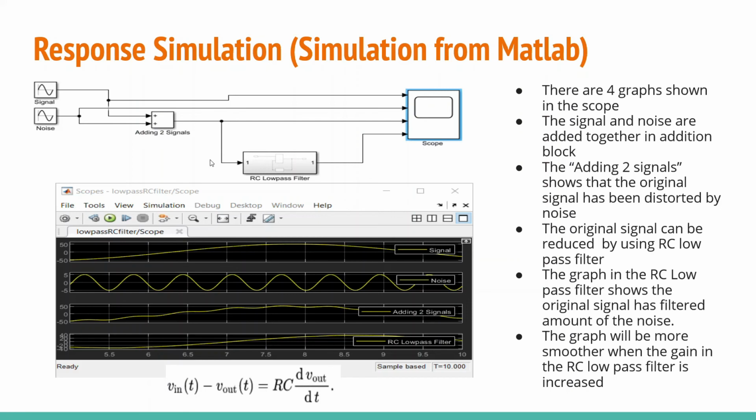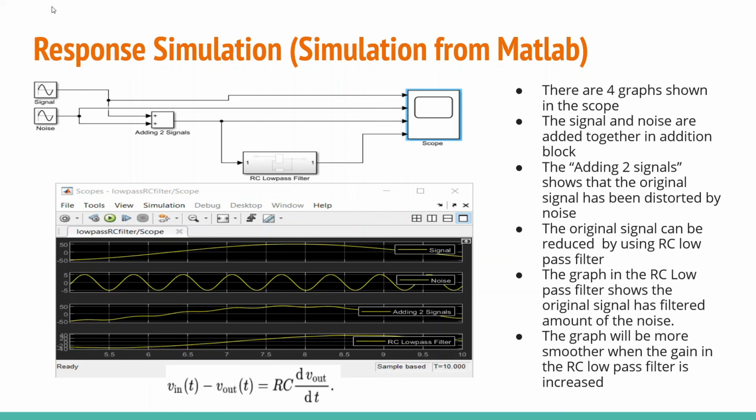We use the RC low-pass filter equation because it contains only two components, a resistor and a capacitor. In this MATLAB model, we place the main signal and noise, then add a block to add these sine waves. The scope for the output is used to display the waveform.